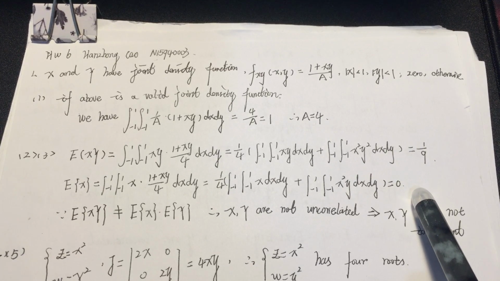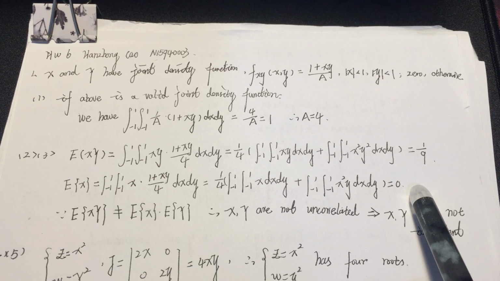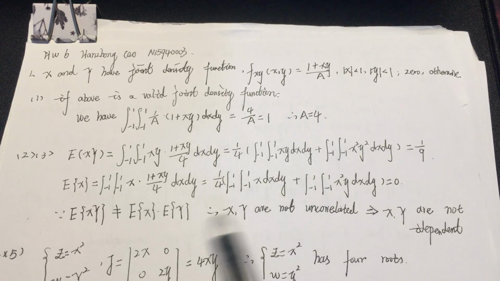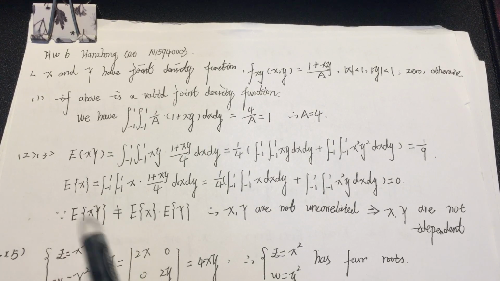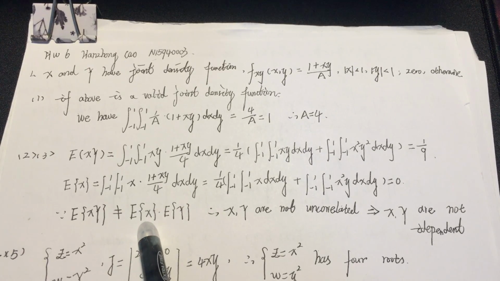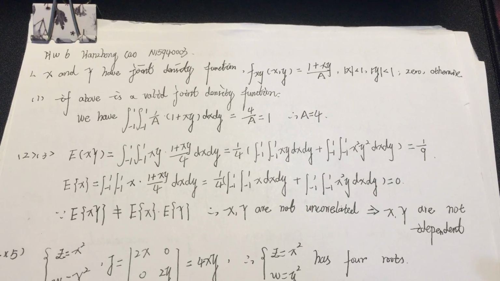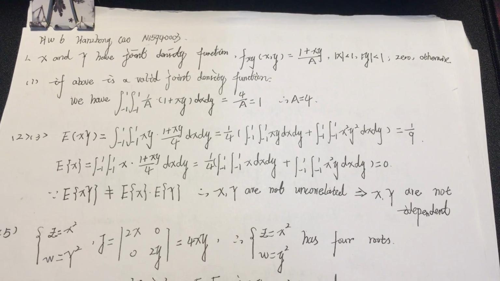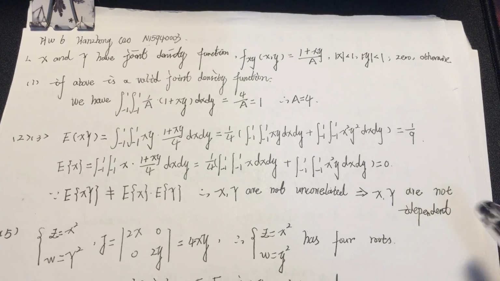So when we arrive at this step, we know that it cannot be equal, because the expectation of X times Y cannot be equal to 0, but the right side is equal to 0, so X and Y are not uncorrelated. We can also conclude that X and Y are not independent, because they are not uncorrelated.